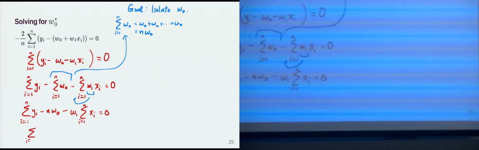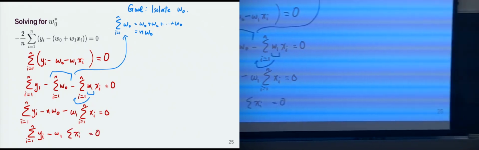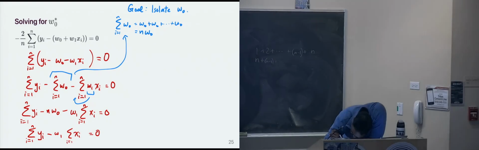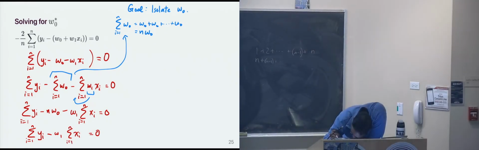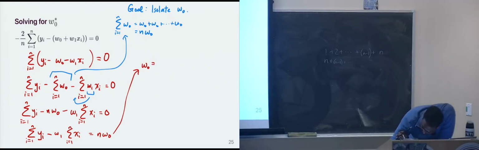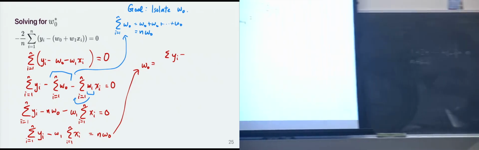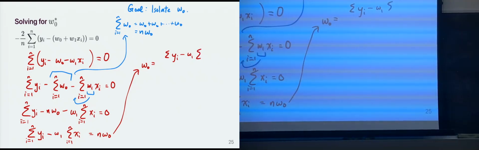What that gives me is the sum of yi's minus W1 times the sum of xi's equals n W naught. And so dividing both sides by n gives me W naught is the sum of yi's minus W1 times the sum of xi's all over n.